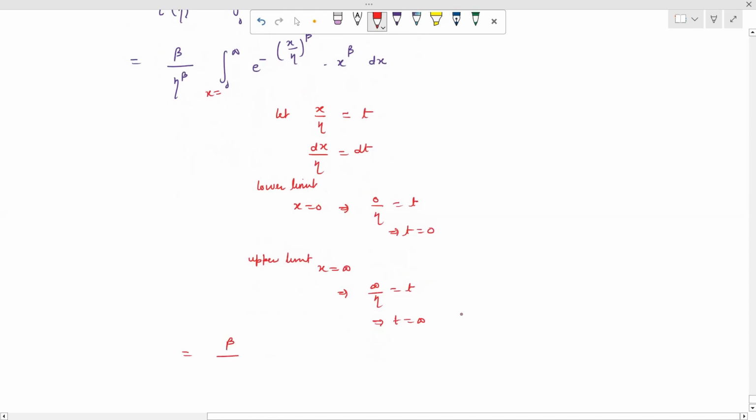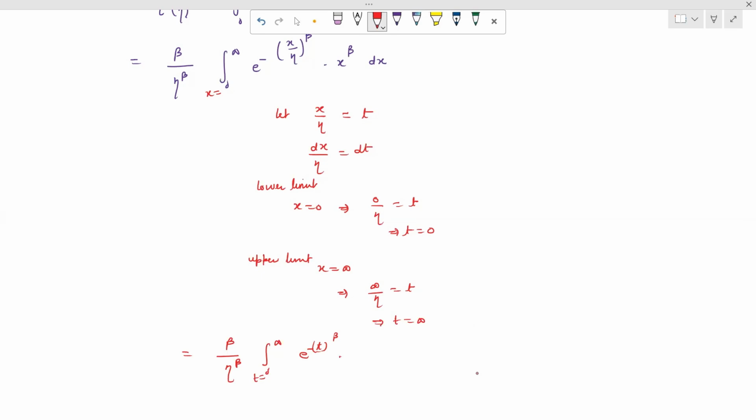So this is beta upon eta raised to the power beta, integration 0 to infinity. This is the integral with limits for t, e raised to the power minus t raised to the power beta, into x.